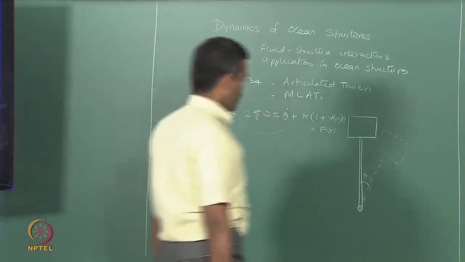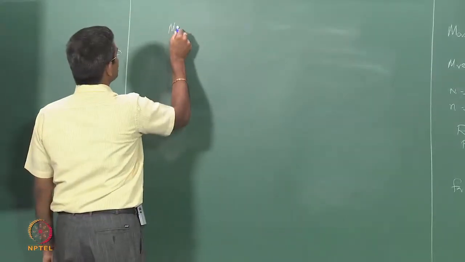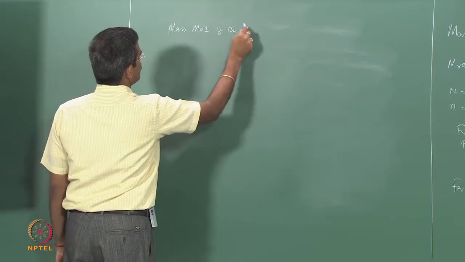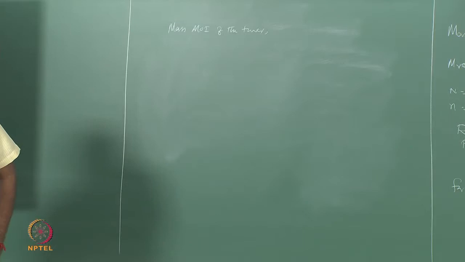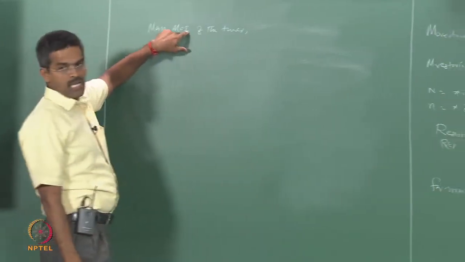Now, let us try to find out the moment of inertia part of it. Let us say the mass moment of inertia of the tower, the moment I say mass moment of inertia, it is second moment of area.